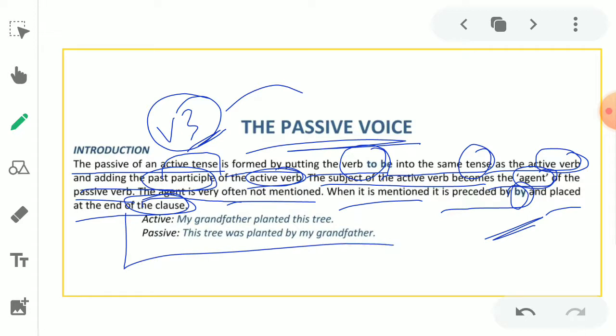Here you can see: my grandfather planted this tree.